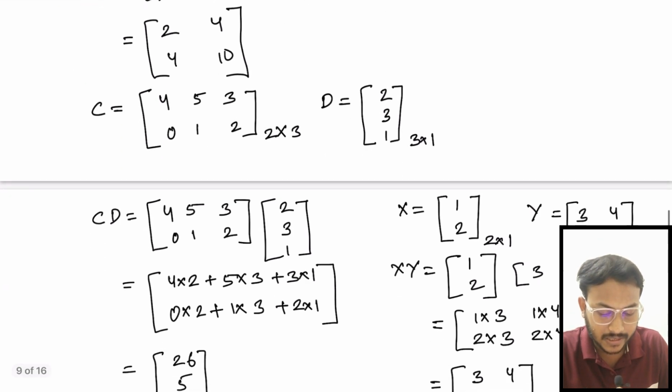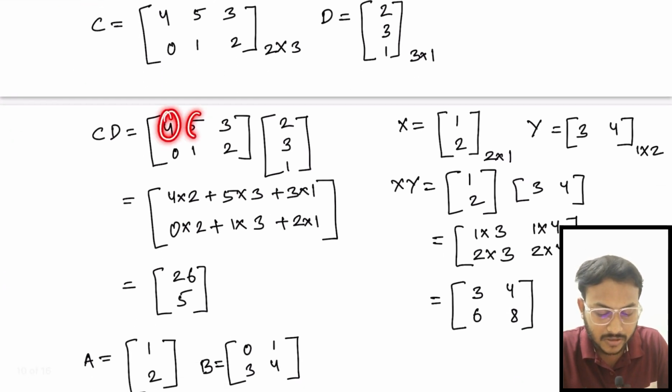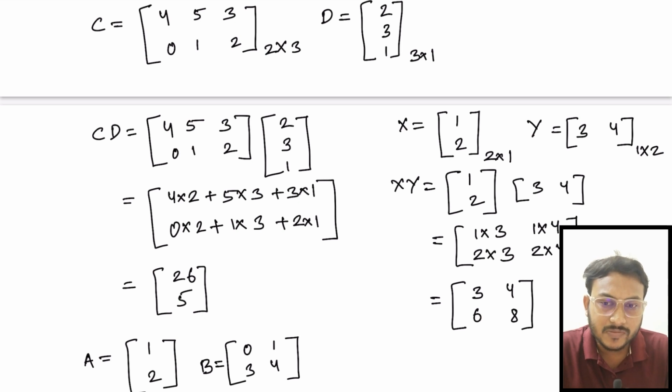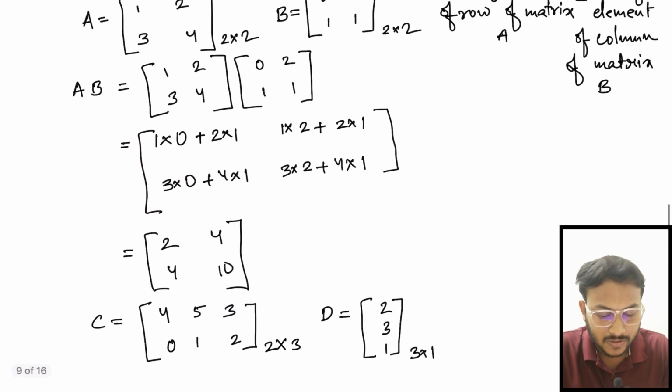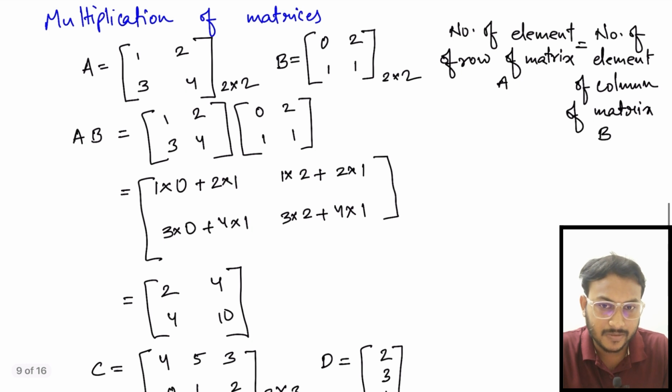You can see any example. So 3 elements in a row and 3 columns are there. If a row in any matrix has 3 elements, then that matrix will have 3 columns. So in any matrix, the number of elements in a row is equal to the number of columns.